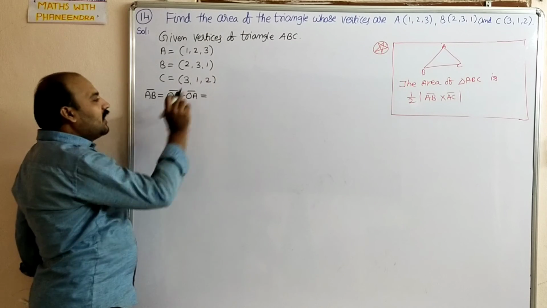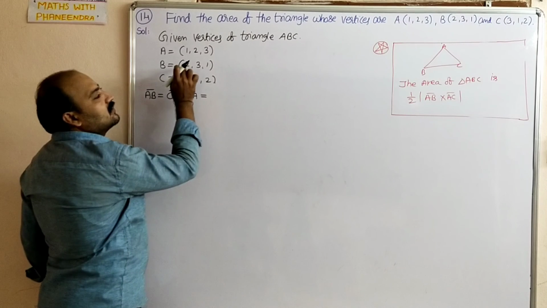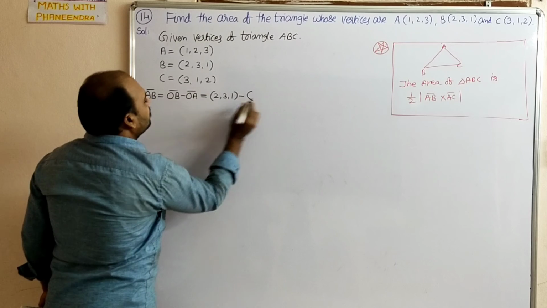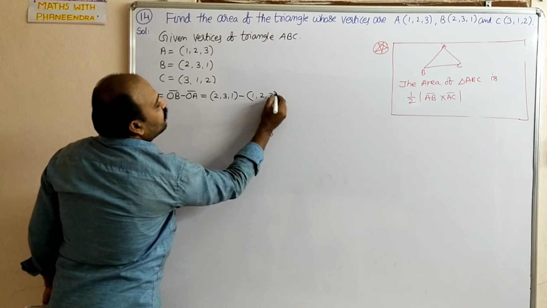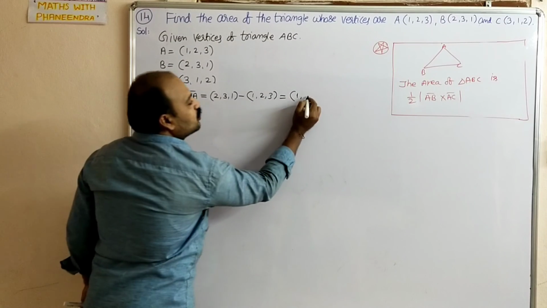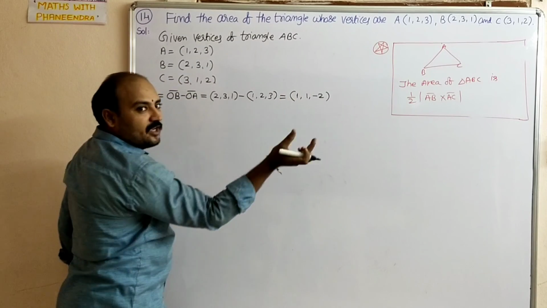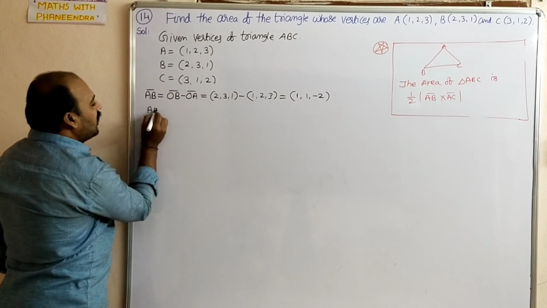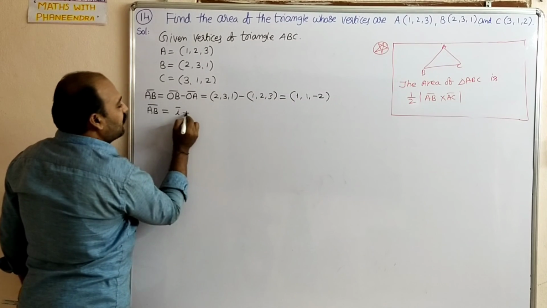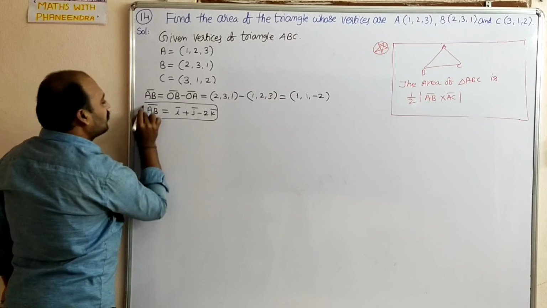Here OB represents the position vector of the point B, which is 2, 3, 1, minus OA, which is 1, 2, 3. So this equals 2 minus 1, 1; 3 minus 2, 1; 1 minus 3, minus 2. Written in vector form, AB bar equals I bar plus J bar minus 2K bar. This is the AB bar vector.